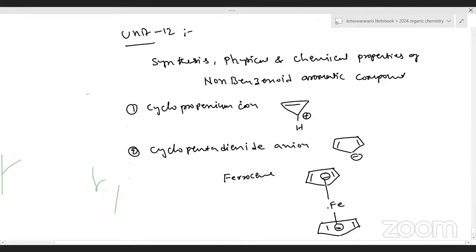And the next one is the 7-membered ring propylium ion, the heptatrienyl cation. Why I am writing all these structures is that you need to do this as homework.